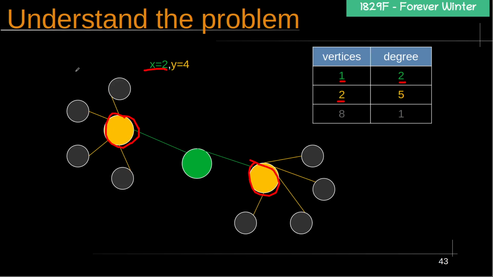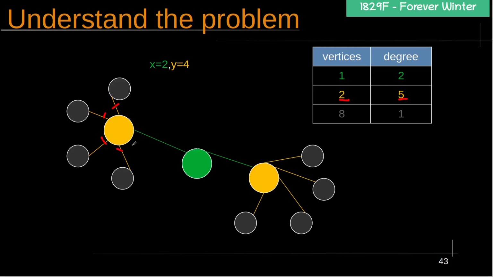The degree of each one is equal to 5, because y is equal to 4. From each center vertex we have 4 new edges, and don't forget the edge coming from the starting vertex, so each one has degree 5.